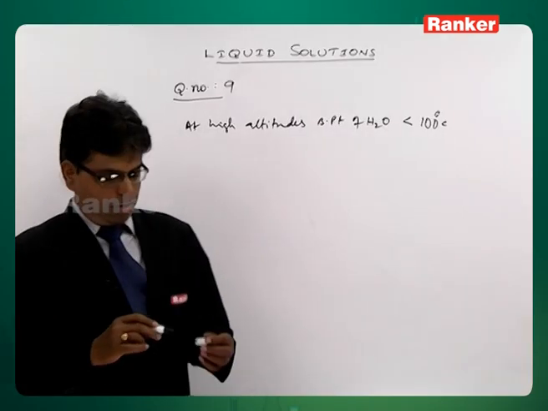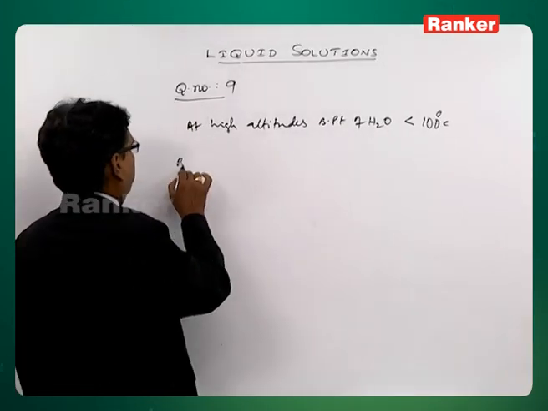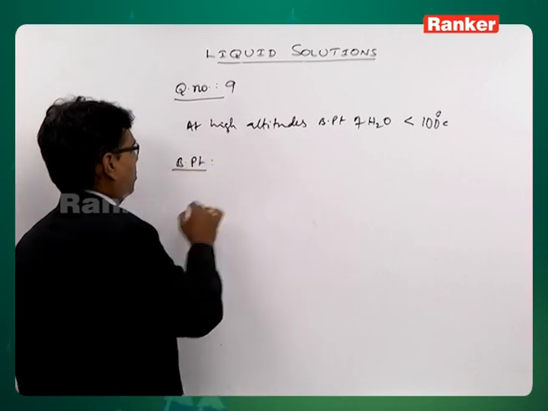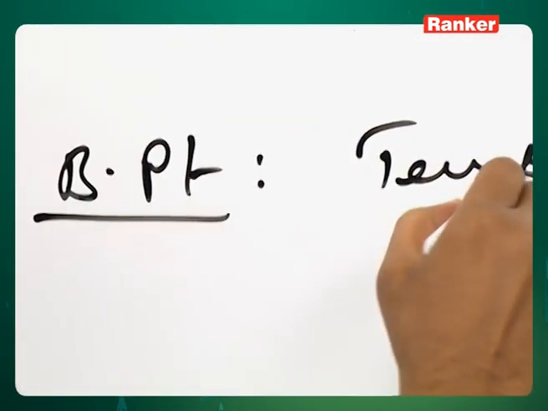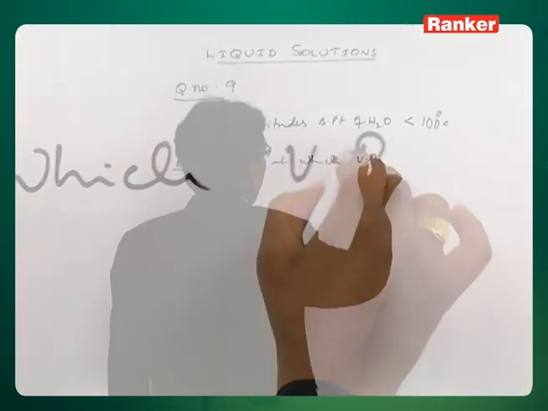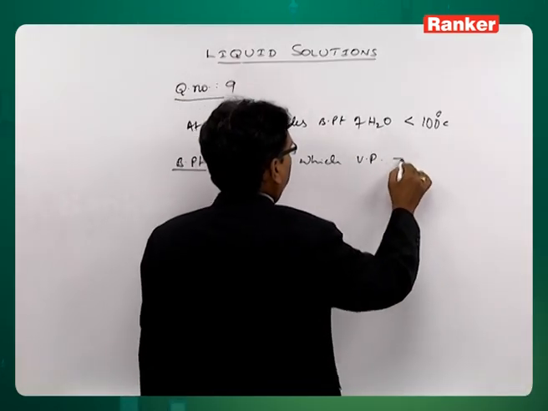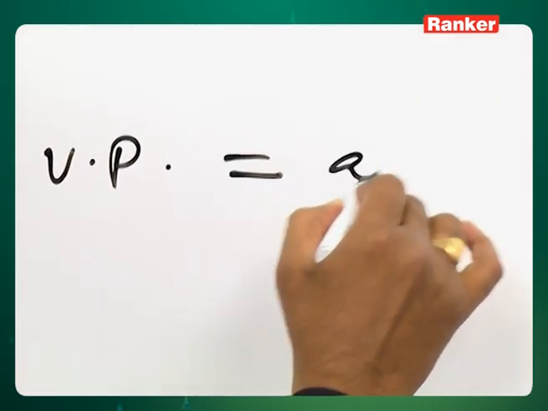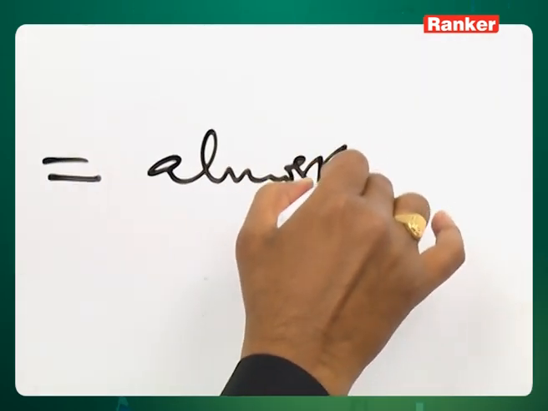What is the reason? What is, first of all, boiling point? Boiling point is the temperature at which the vapor pressure of a liquid becomes equal to atmospheric pressure.